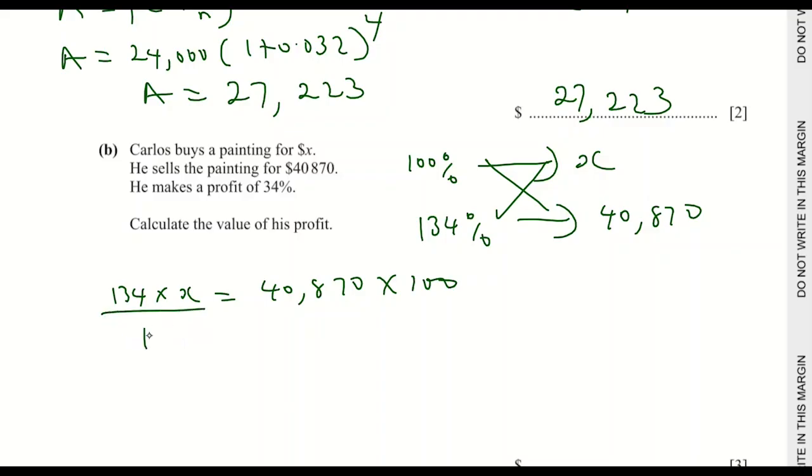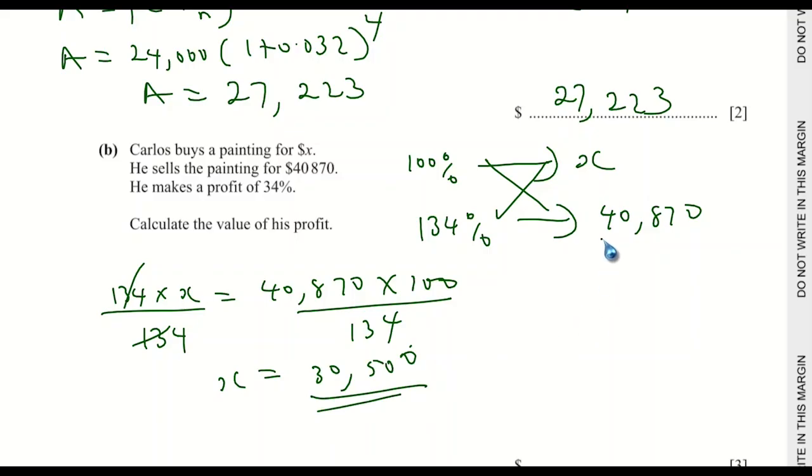If you divide both sides by 134, the value of x equals 30,500. So this is the cost price and this is the selling price.